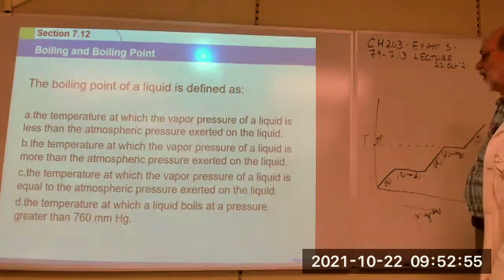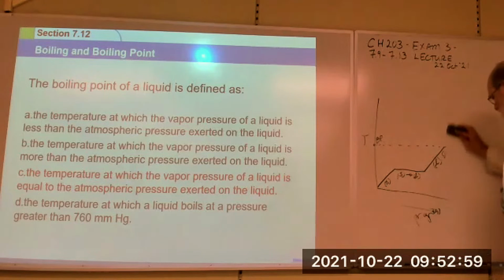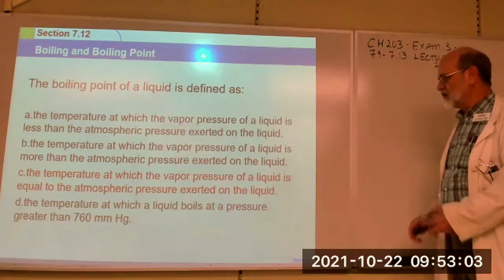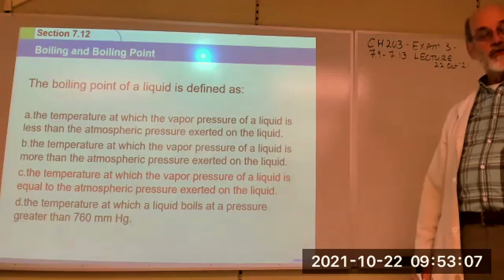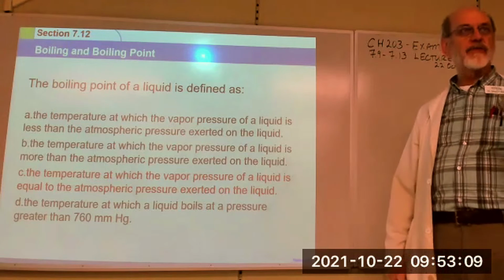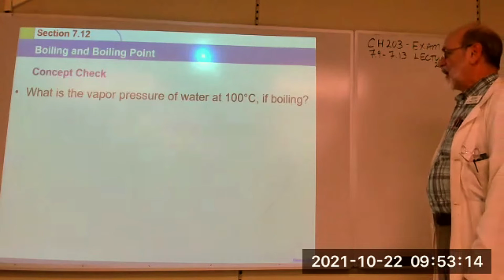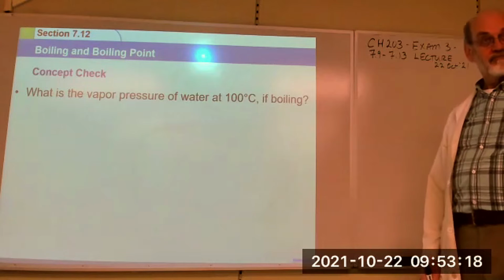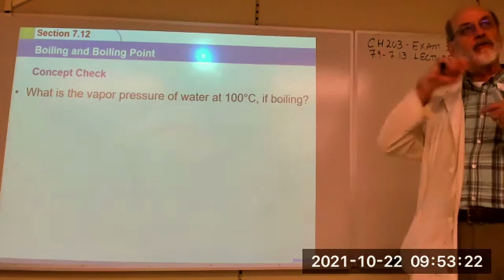Okay, so there's the definition of a boiling point. And then we restrict that definition to normal boiling point, which would be at 1 atmosphere pressure. Okay, what's the vapor pressure of water at 100 degrees C if it's boiling? This is what we've discussed so far in reverse.